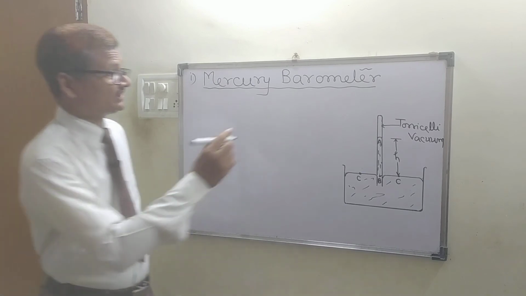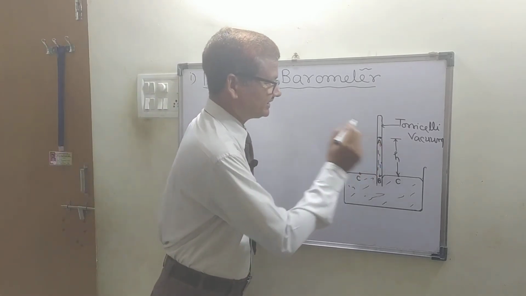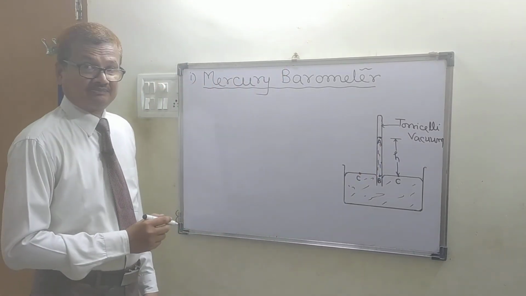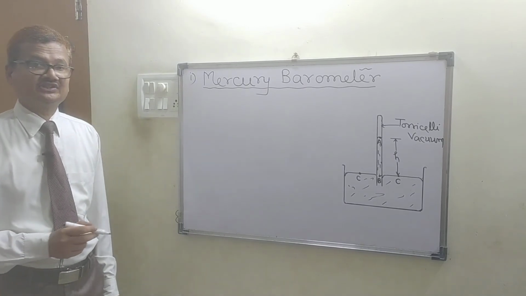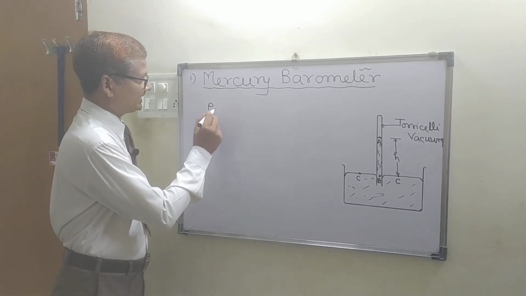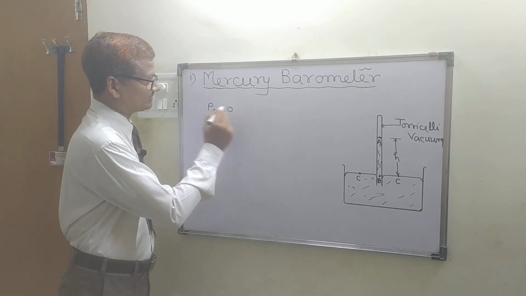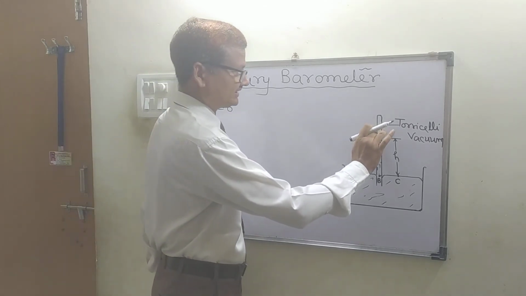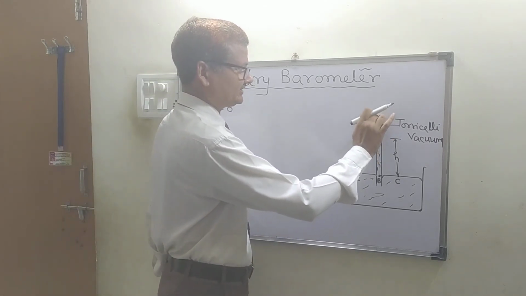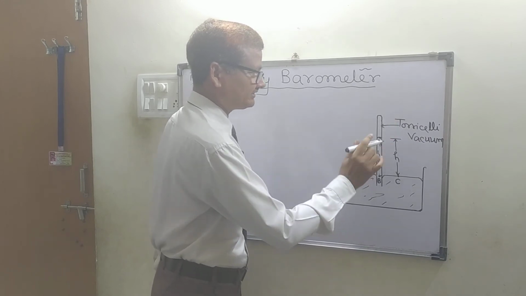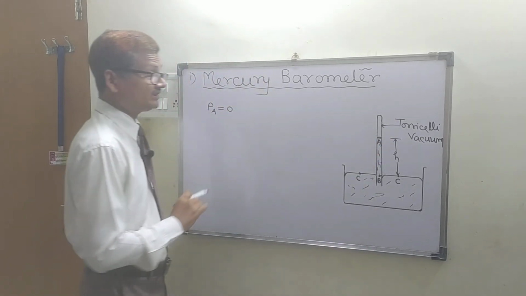The pressure at the upper end of the mercury is 0, so the pressure at point A is equal to 0. There is nothing inside this; it is a vacuum, so the pressure here will be 0.